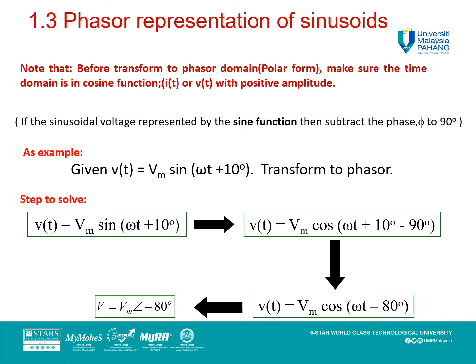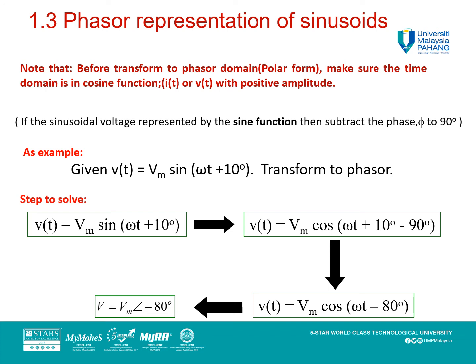Before you transform to phasor domain in polar form, make sure the time domain is in cosine function, for the current or voltage, with positive amplitude. This is a keyword.